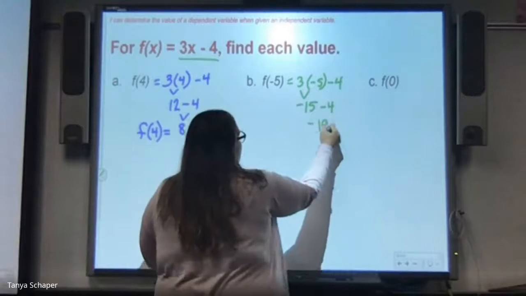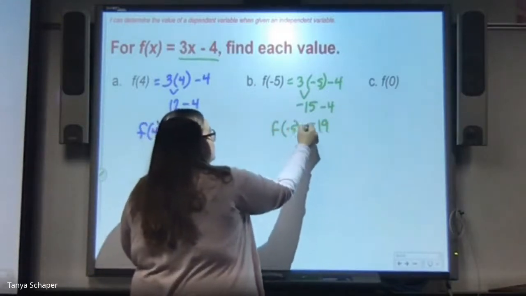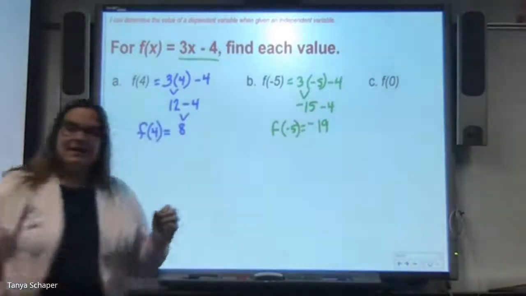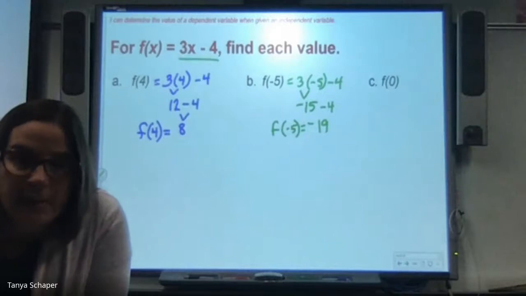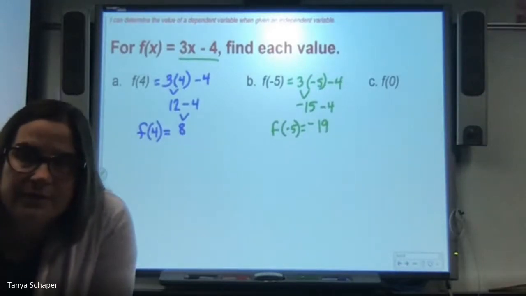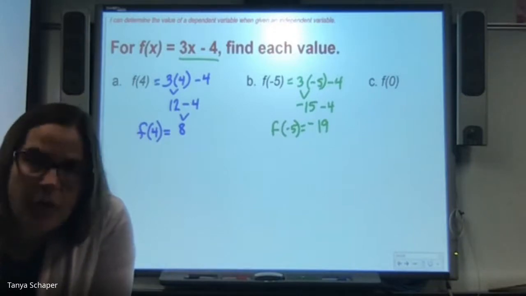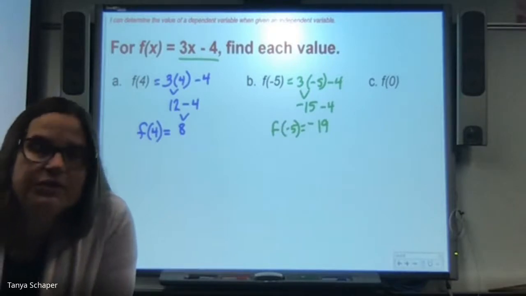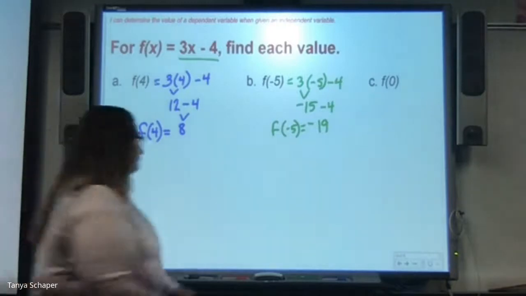Minus 4 is -19. The value of the function when x is -5 is -19. We're taking the value in the parentheses, which represents your input, and putting it in for the input value to find the overall value of the function. Using order of operations, using what we know about adding and subtracting integers, okay?